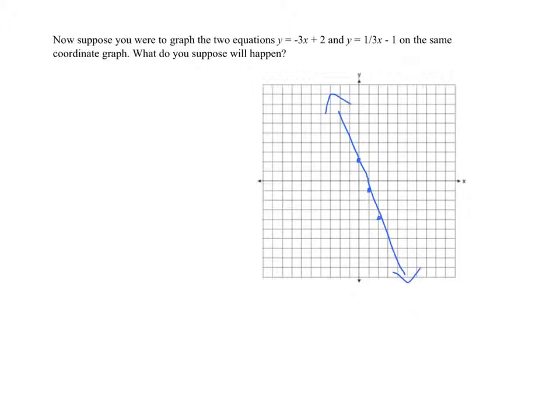Now we're going to do the other line. We're going to start at negative 1, and we're going to go up 1 over 3, and we're going to draw the line connecting these. And this time, you might notice that they're not parallel lines, but instead they are perpendicular lines. They meet at a right angle.